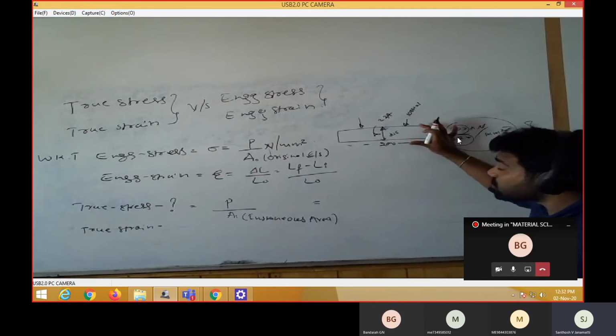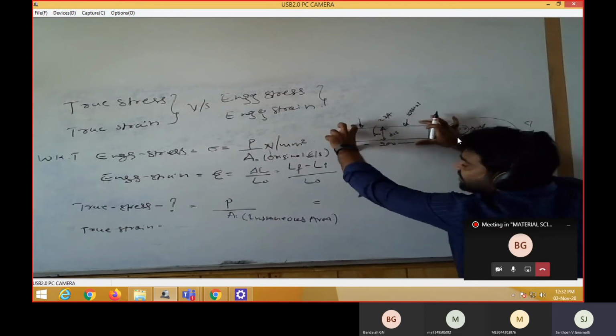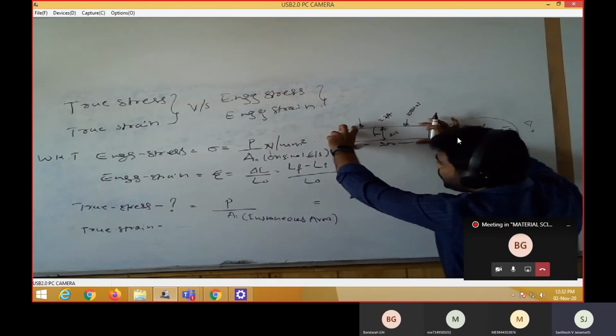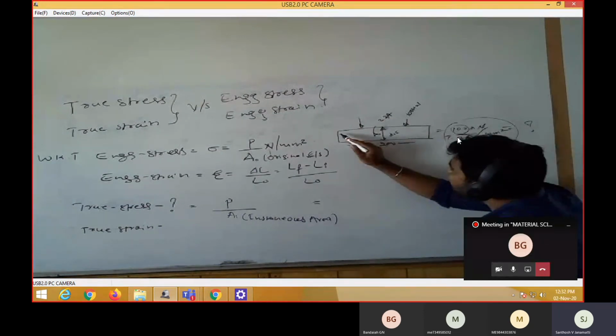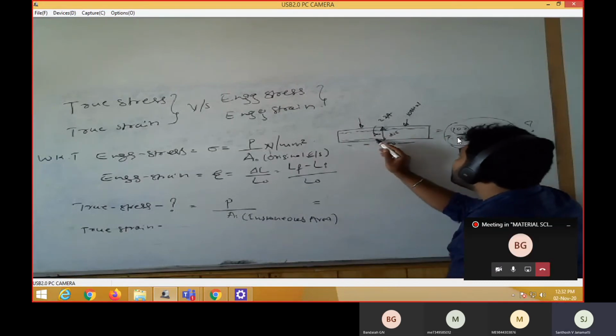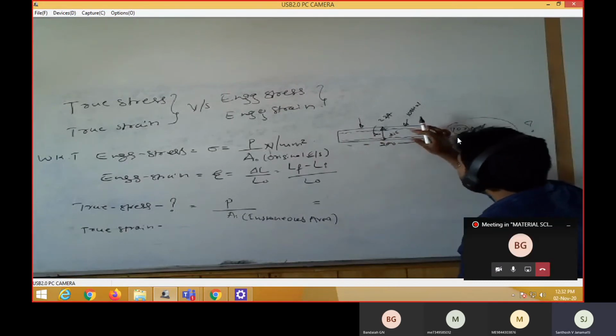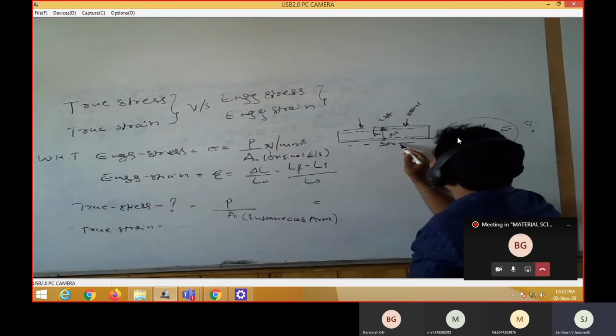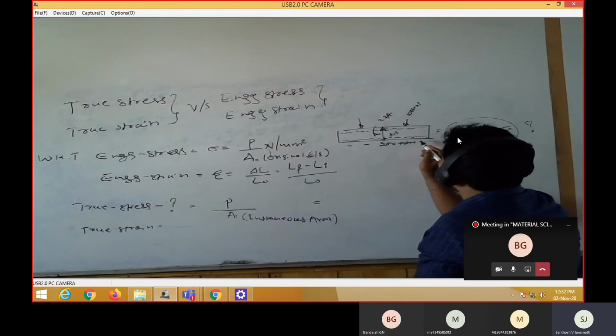Definitely, if you apply a load in this direction, the area will be reduced and the length of the sample will increase, around about 200 to 220.